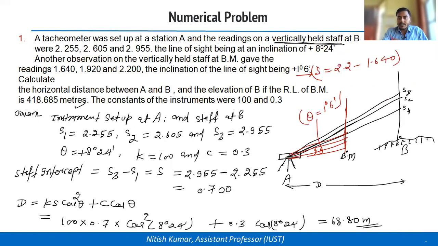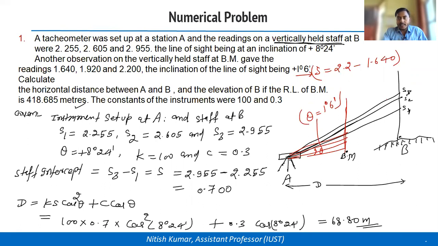So the instrument was set at A, and first we sighted towards B. When the staff was held vertically, we took readings S1, S2, S3. That inclination was 8 degree 24 second.